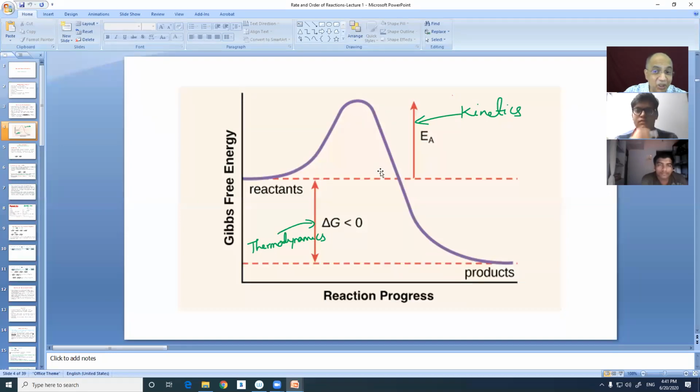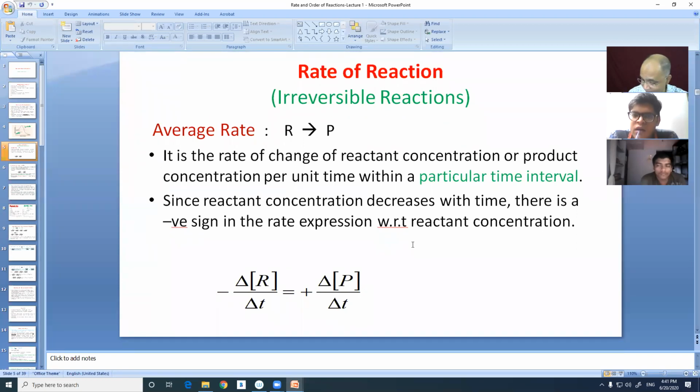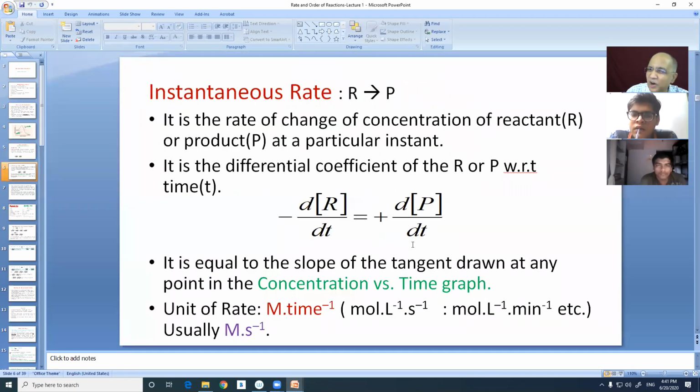So that's the huge difference between thermodynamics and kinetics. Now, already I have told you that the rate of reaction can be an average with respect to a particular time interval, and we are not interested in that at this class 11 stage, but we are interested in the instantaneous rate, which is minus dR by dt or plus dP by dt.